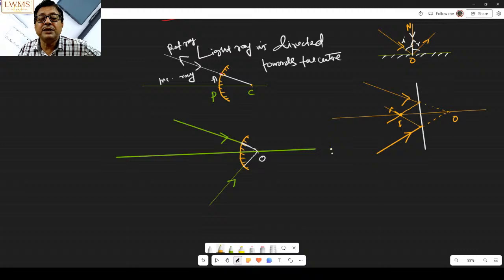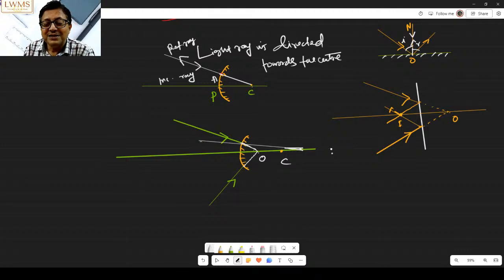But how the image is going to be formed, that we need to discuss. It will obey the law of reflection, you know. So let us draw the normal first. This is the center of curvature. C is taken here. Draw the normal here. Be careful. It's like this, like this.